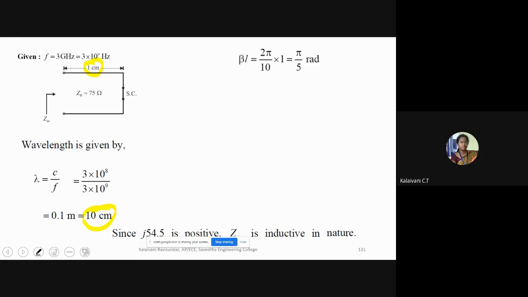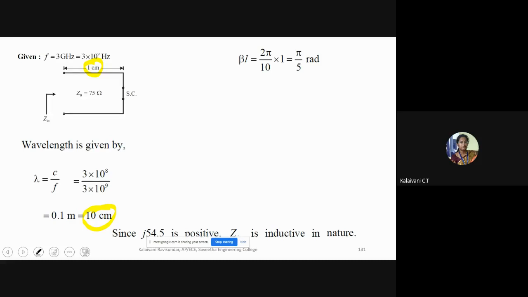How to find the input impedance? You have to go with the general formula. Now, beta L: beta is equal to 2 pi by lambda, L is equal to 1. Lambda you found as 10 centimeters. So 2 pi divided by 10 into 1.